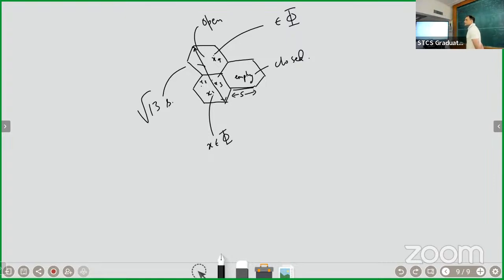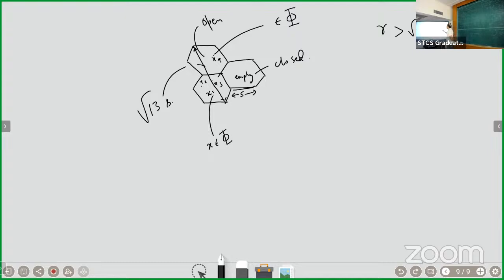You just have to give me conditions. This should be R. Sorry, this should be R. Not necessarily; any R greater than square root 13 S. You get one more condition: what is the probability of the face being open?